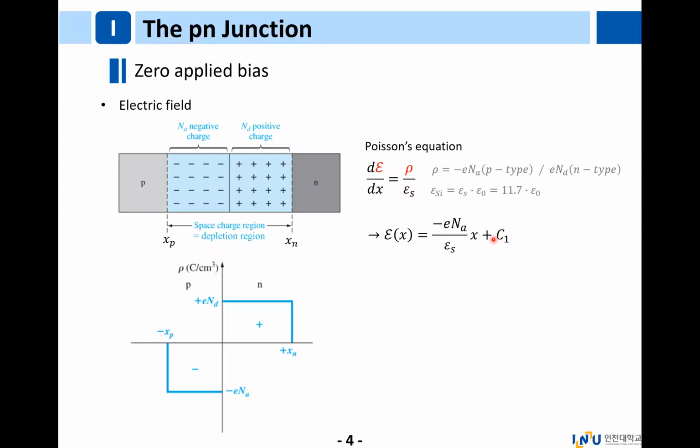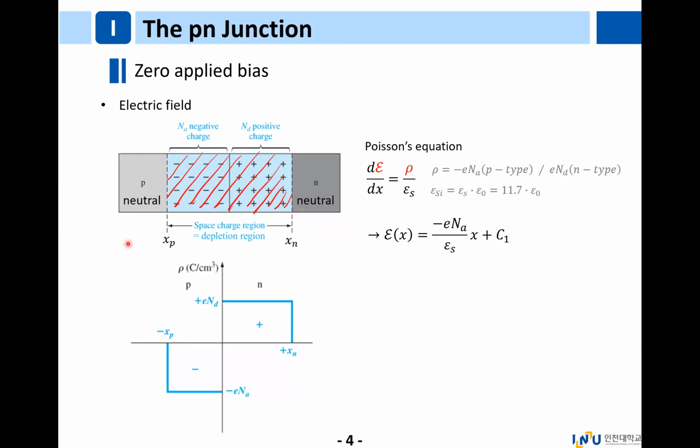So, considering the boundary conditions, the electric field is formed only in the depletion region, right? Because the fixed charges exist in this depletion region, the electric field will be formed within the depletion region. And outside this region, the electric field intensity is 0, right?